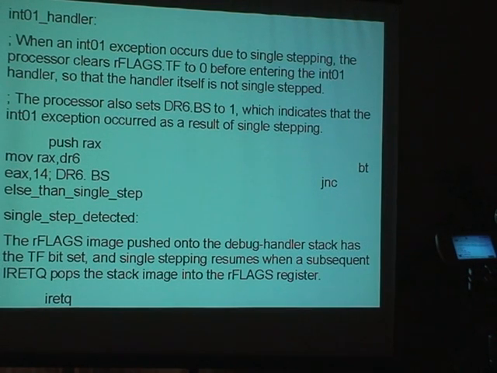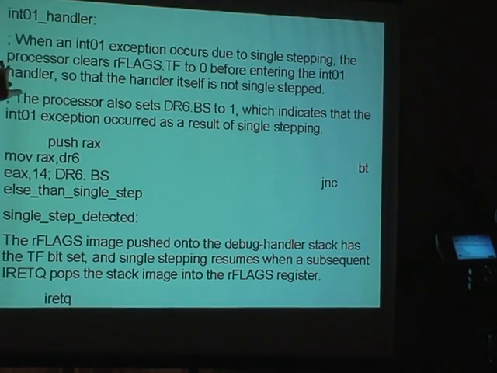So this is the skeleton of the interrupt 1 handler for single stepping. Some clever person might think that the trap flag is still set, so why doesn't every instruction inside the interrupt 1 handler cause interrupt 1 again? It would be terrible, because we would cycle forever.